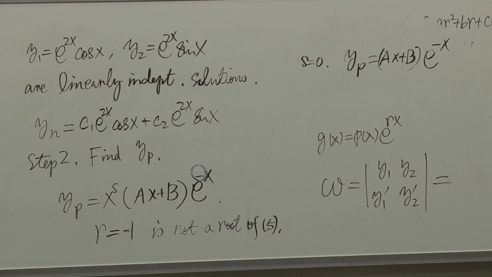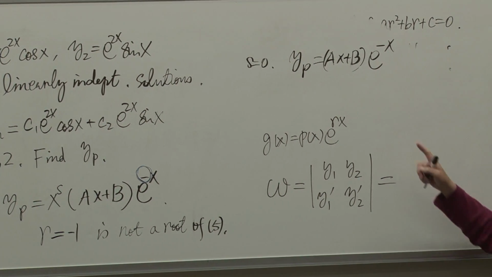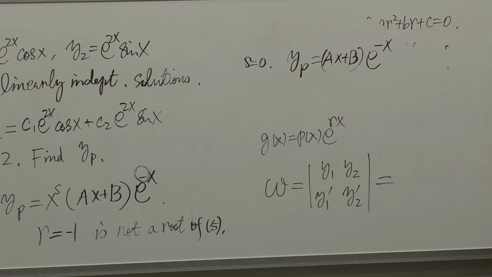So let's see what happens to the Wronskian in the denominator, and see if the integral is better than taking the derivative of yp and then finding coefficients. So we get y1 times y2 prime.